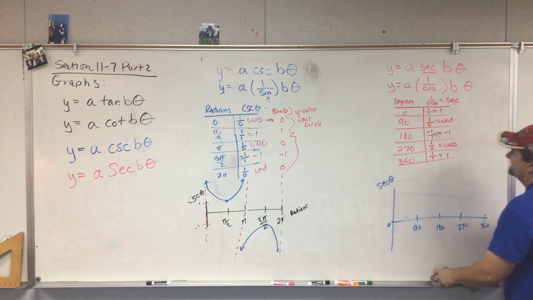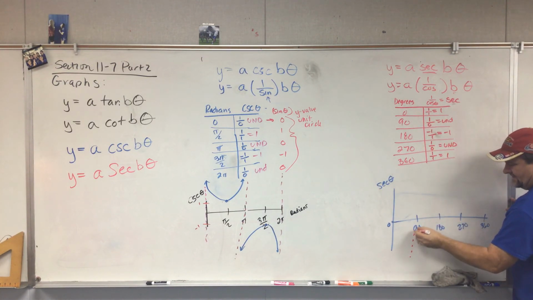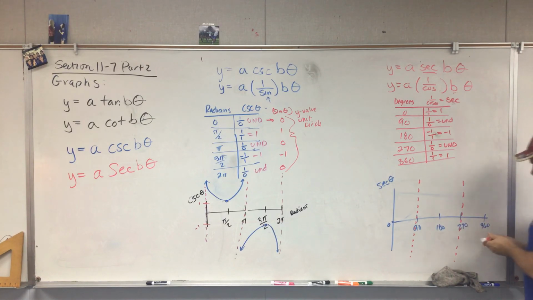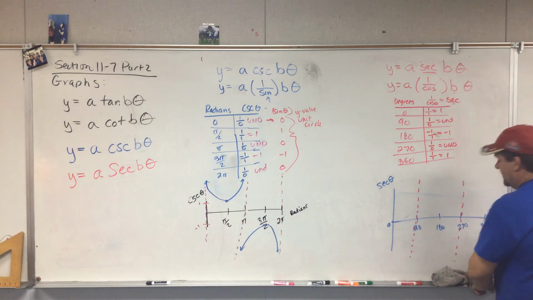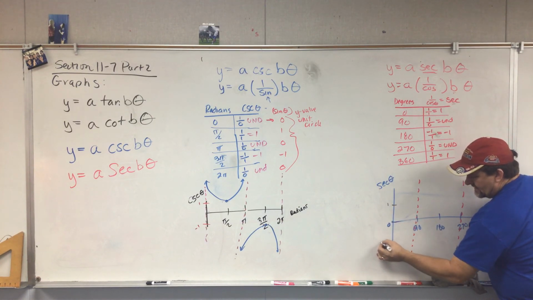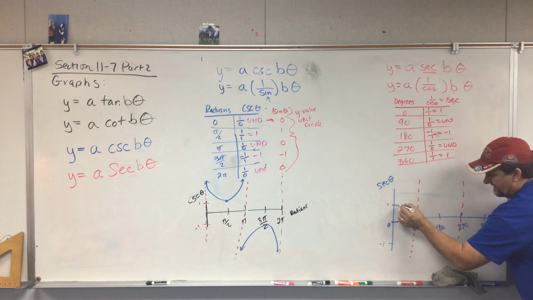So let's draw my dotted lines at 90. So I have an asymptote here. I have an asymptote here. And then let's draw in my cosine graph. So my cosine graph, this is 1. This is -1. My cosine graph looks like this.